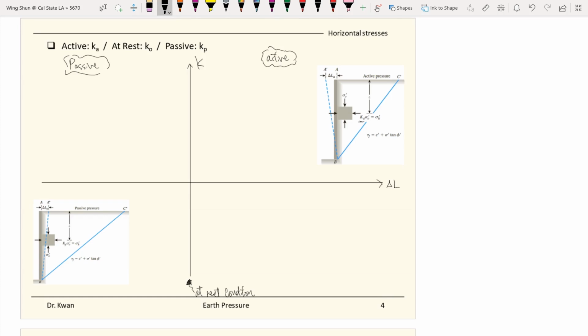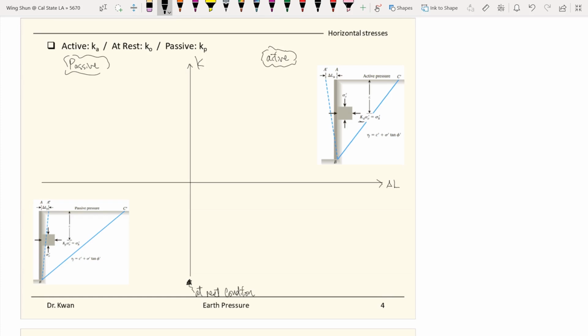Or you are on a project where the wall will experience other loading, from other construction activities or loading supported from other buildings, that will push the retaining wall into the soil. Then you need to find the Kp. You need to design for the passive conditions.